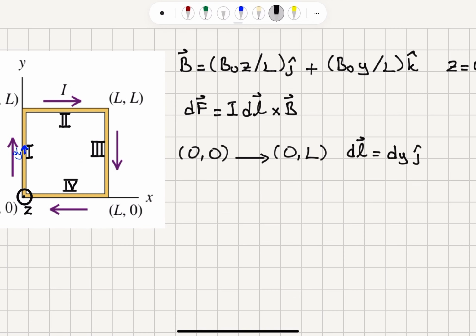So what is the force on the first segment then? The force on the first segment will be I integral as y goes from 0 to L of dy j hat, which is dl, cross with the magnetic field, which is B0 y divided by L k hat.